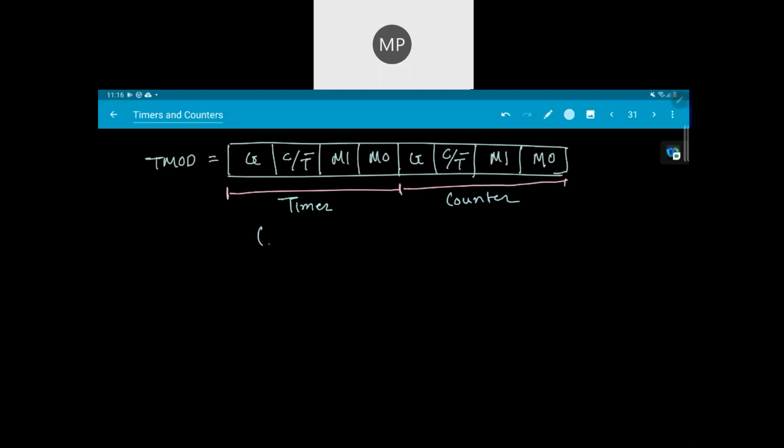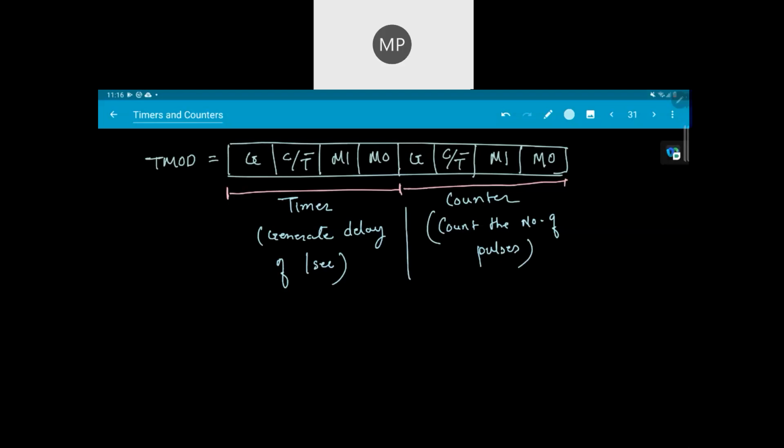So this can be used to generate a delay of 1 second, and in this delay we will count the number of pulses here. Is it okay? Is it clear, everybody?